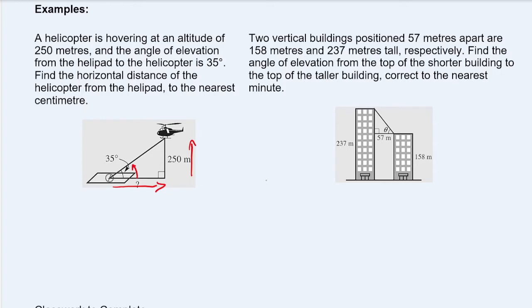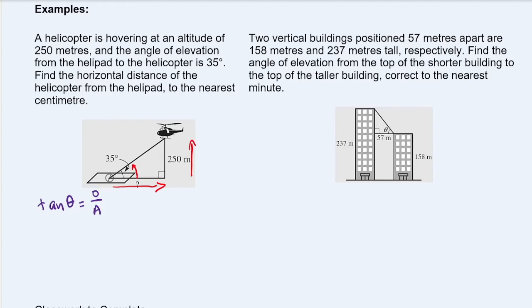So we choose the relevant trig ratio. We're not using a hypotenuse, so the trig ratio we want to use for this is going to be tan. So we want tan theta equals opposite over adjacent.